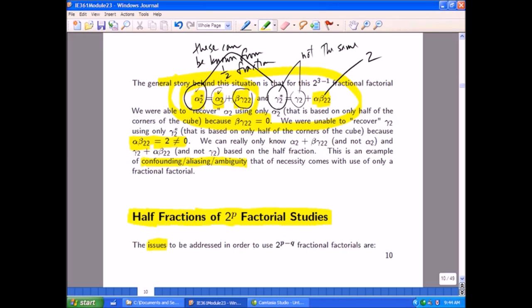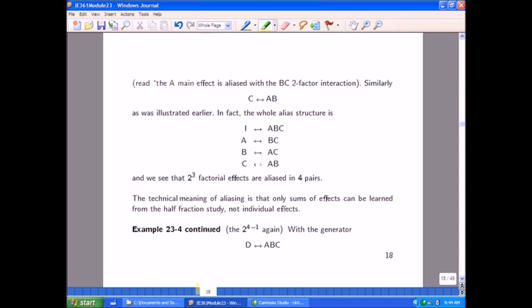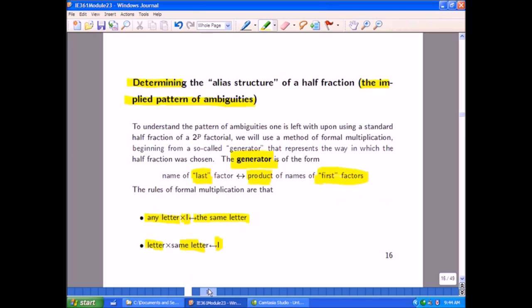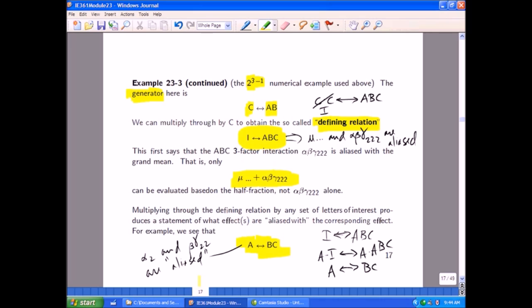All I can do is put my hands on the A main effect plus the BC two-factor interaction. That's how I knew to write this relationship down on this slide. Okay, so let's get back to the right one of these things. Get there yet? Okay.